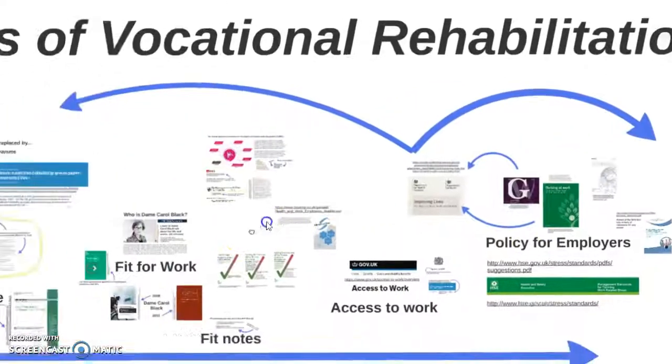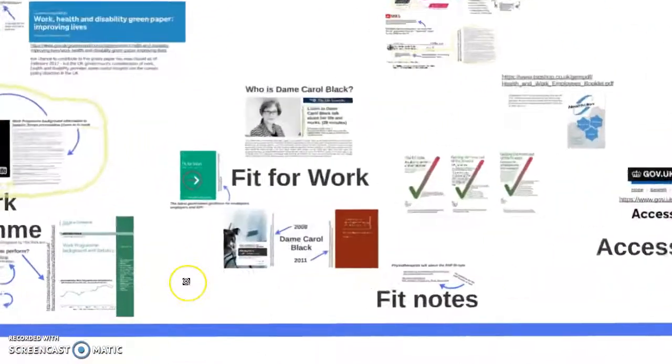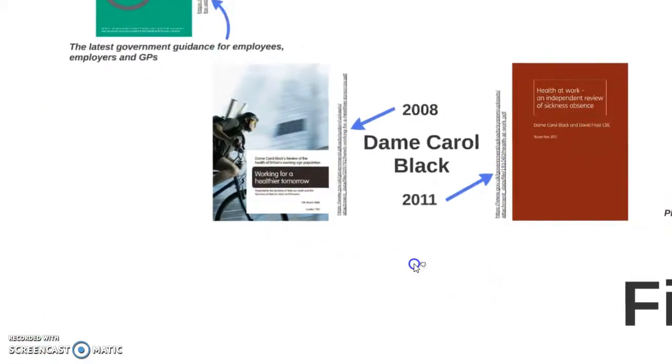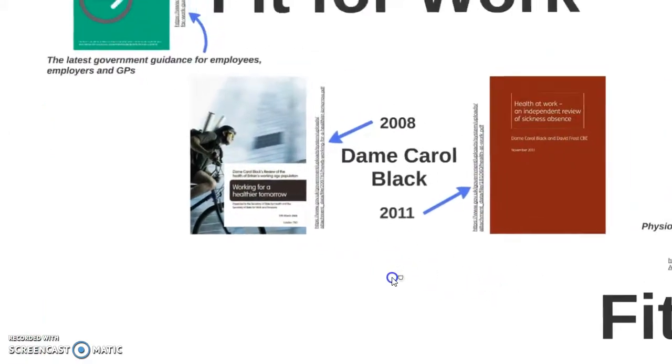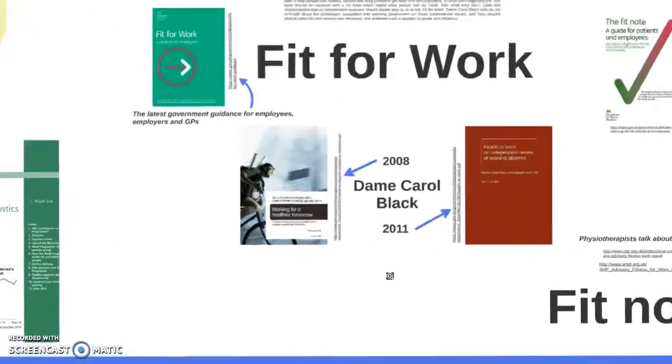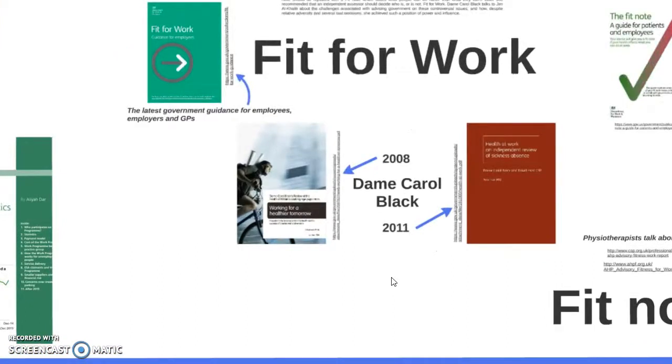I just want to draw your attention to these documents here, Working for a Healthier Tomorrow and the Black and Frost report, that were written in the late 2000s and were quite seminal pieces of work that talked about how we keep people in work, how we get people back into work, and all the things that we need to do to be able to allow that to happen.